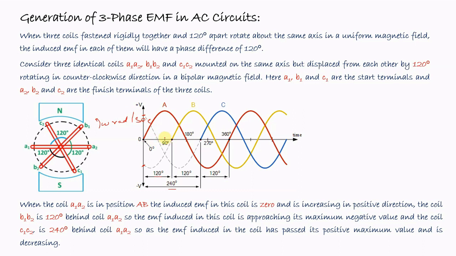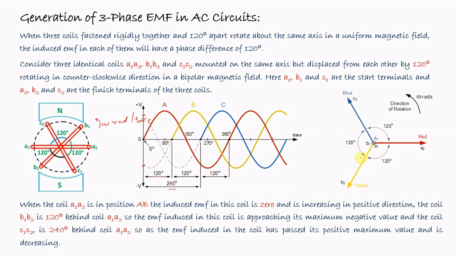So if we want to plot the voltages of these three coils, it can be shown here. The EMF induced in the coil A is represented by this red line. So it is A1, A2, that is the coil A. The coil B is 120 degree lagging the first coil.